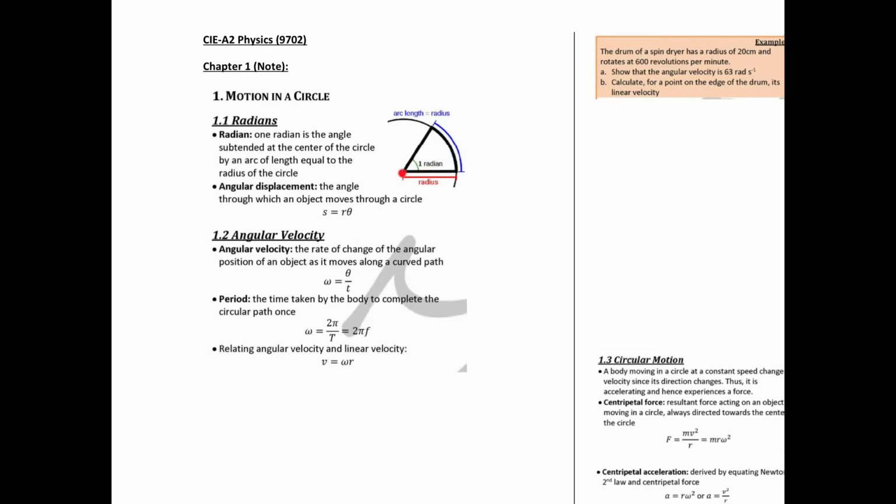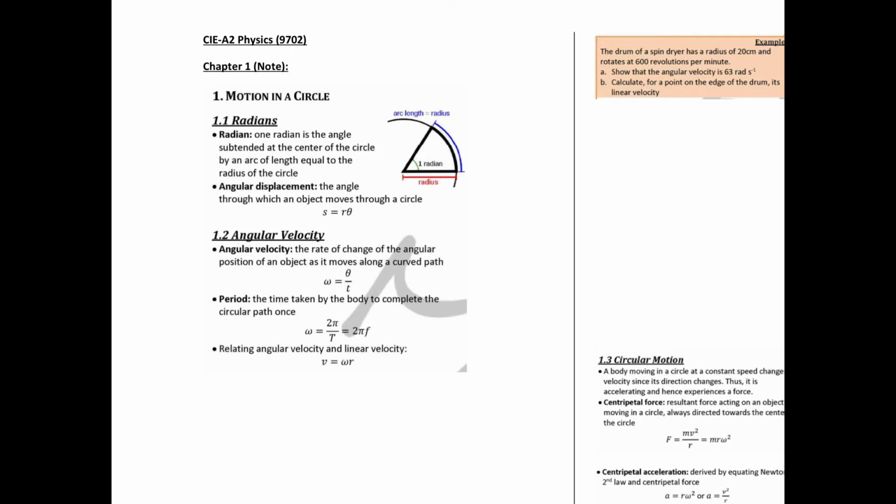So 1 radian is where the radius has the same length as the arc. As you can see here, arc length is equal to radius. When this happens, the angle here is 1 radian. So 1 radian is actually 50 something degrees. Okay, so let's move on.